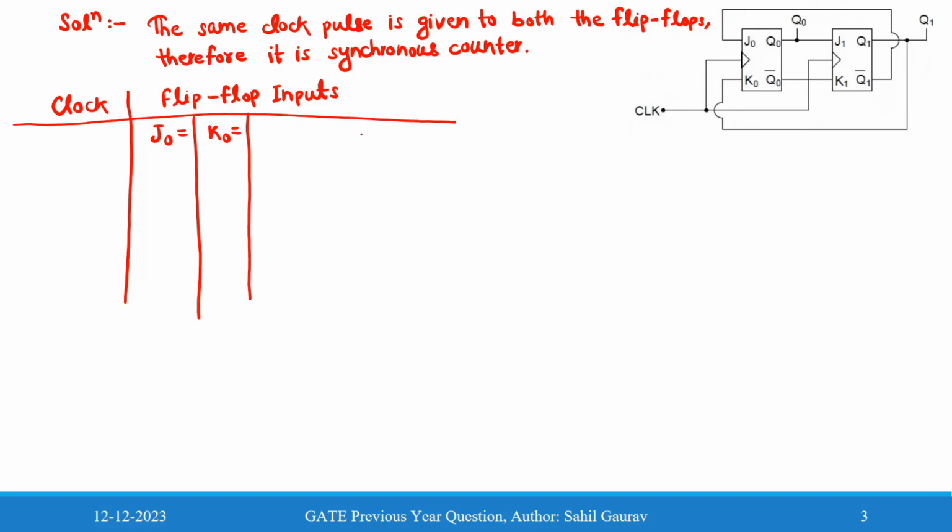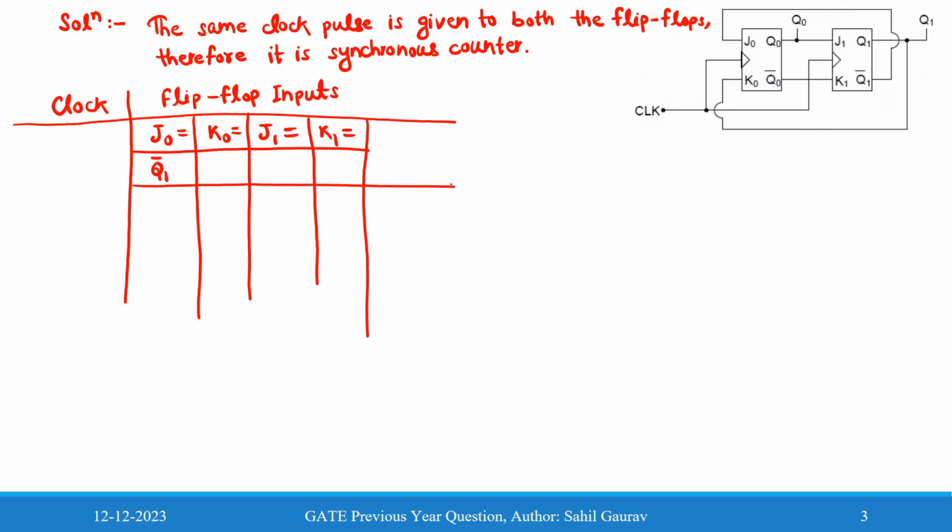So we will also write J1 and K1. From the figure we can see that J0 is connected to Q1 bar, so we write it is equal to Q1 bar, and K0 is connected to Q1, while J1 is connected to Q0 and K1 is connected to Q0 bar.